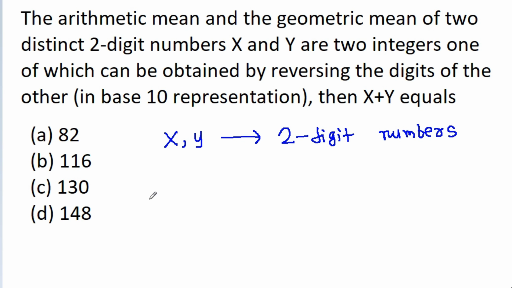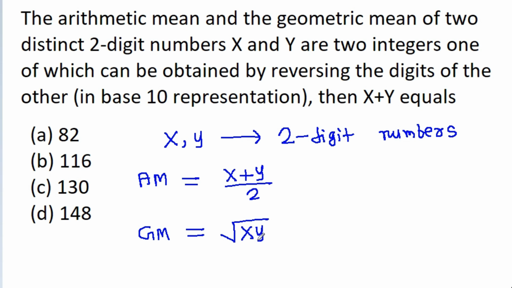And the arithmetic mean AM is equal to (x plus y) by 2, and the geometric mean GM will be equal to (xy) to the power 1 by 2, that is root xy. And according to the question, if AM is equal to AB, then GM is equal to BA, where A and B are single digit numbers.